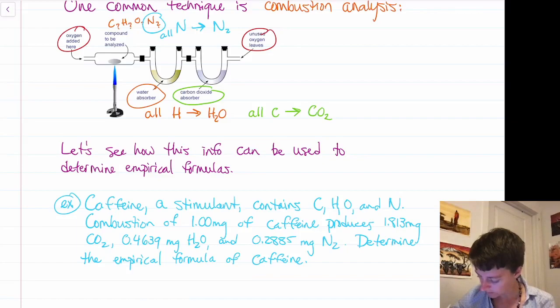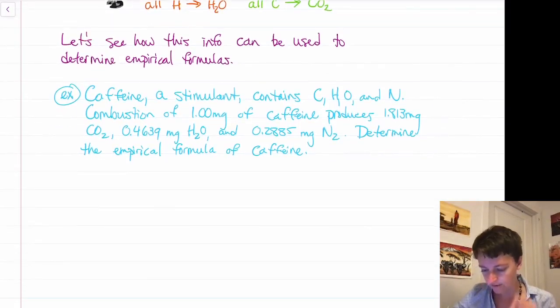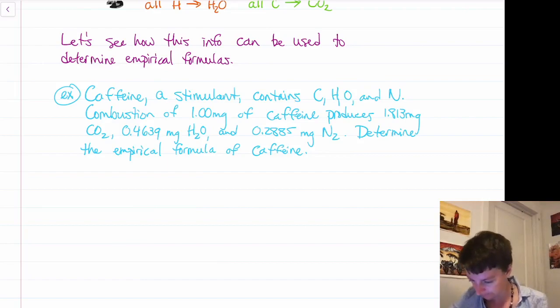Okay, so if we have 1.813 milligrams of CO2, we can calculate the molar mass of CO2 and do a mole-to-mole conversion in order to figure out how many moles of carbon must have been present in the original sample. And so along those lines, this is going to start to look like yet another unit conversion problem. We're just going to add on one additional step.